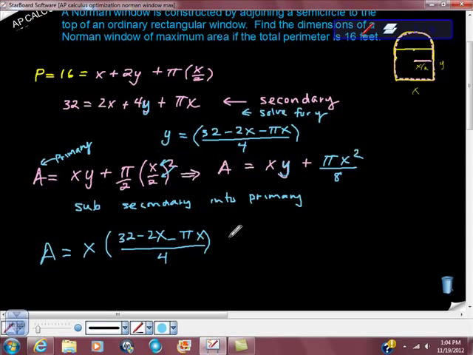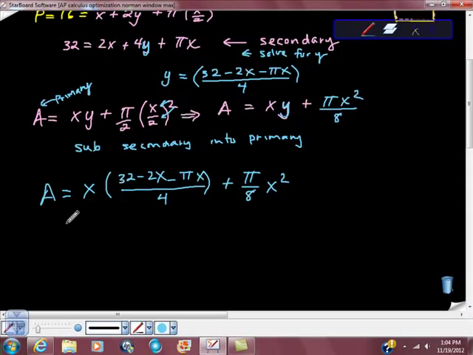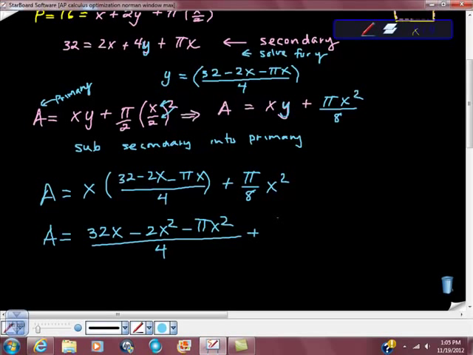Plus we need this part, so plus pi over 8 x squared. I know I'm going to take the derivative of this, so I'm going to simplify the area formula one more time, and I'm going to get area is equal to 32x minus 2x squared minus pi x squared all over 4, plus pi over 8 x squared.